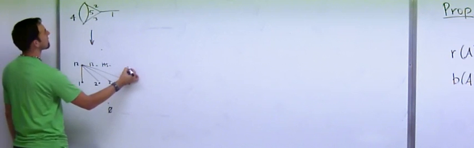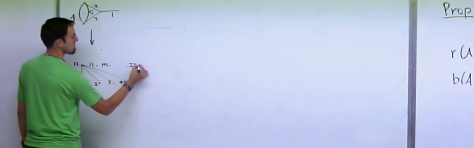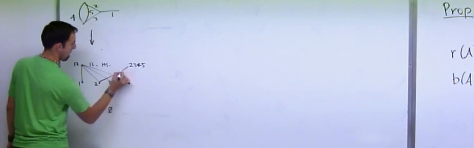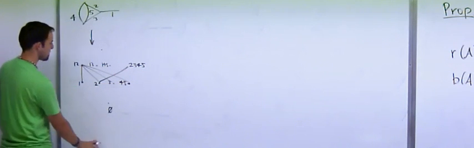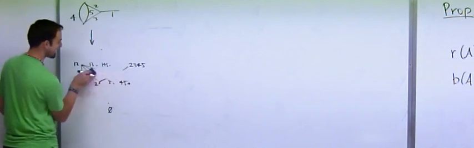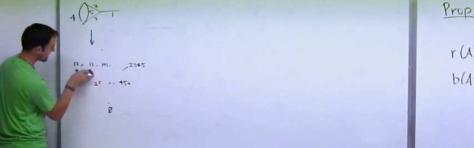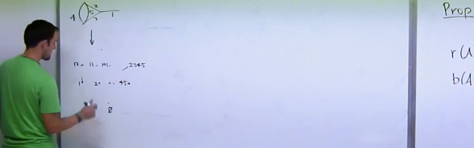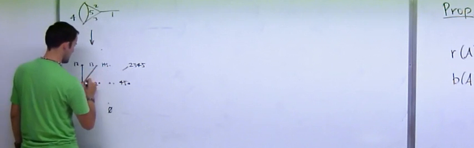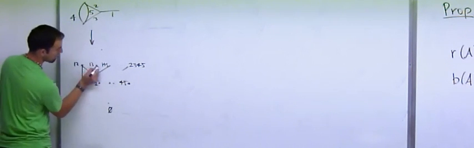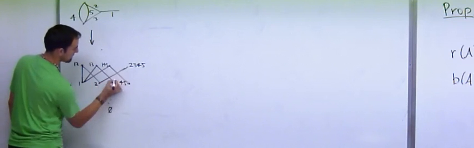And then the other flat is 2, 3, 4, 5. So 1, 1, 3, 1, 4, 5, and now 2, 3, 4, 5, and now like this. There you go.